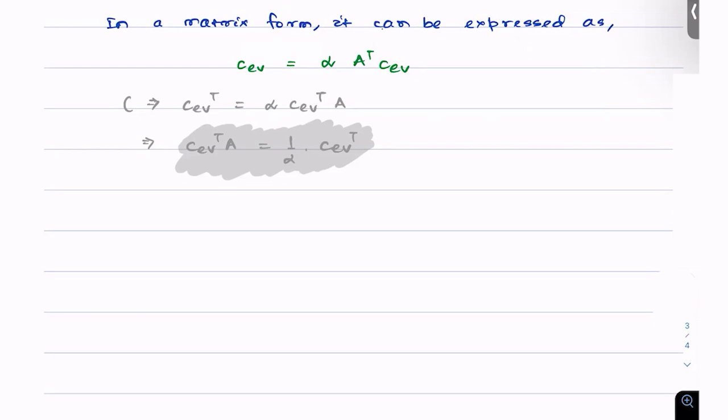Meaning in this expression, CEV is the left eigenvector and 1 by alpha is the associated eigenvalue.